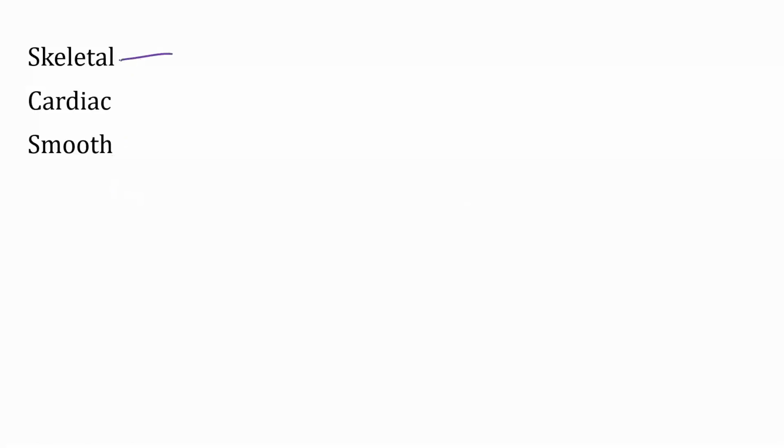Skeletal muscle is the muscle that attaches to your bones and is voluntary, meaning it is subject to your own volition. You can contract it if you want to, and you can relax it.